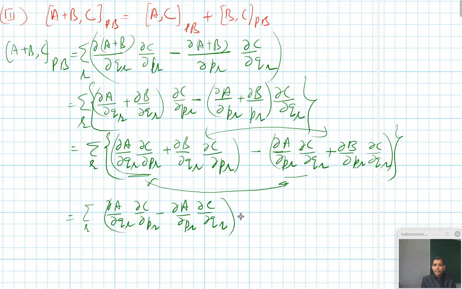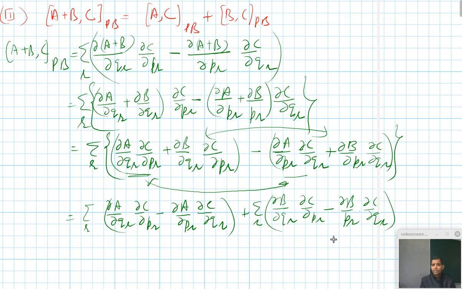This is one part, and then plus summation over r, ∂B/∂q_r ∂C/∂p_r minus ∂B/∂p_r ∂C/∂q_r. This we can write down, right? So this is the Poisson bracket of A, C and this is the Poisson bracket of B, C, right? So hence we have proved this property.